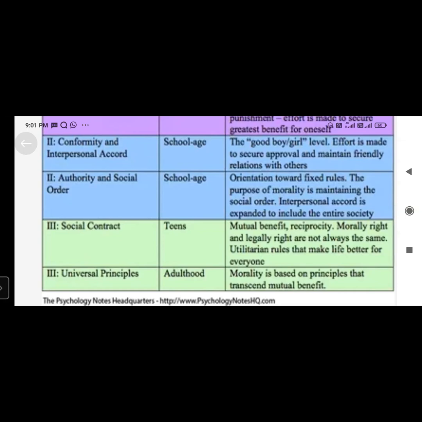Here, what happens is that morality is based on principles that transcend mutual benefit.